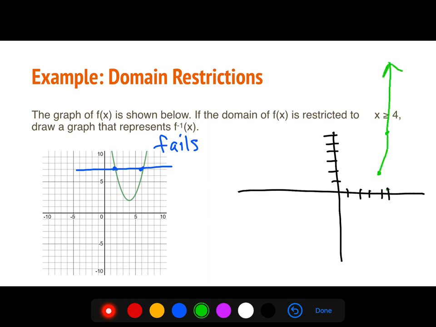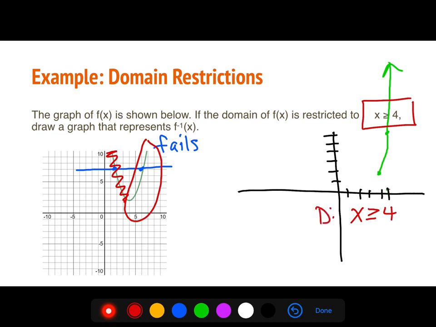So I'm going to draw (6, 6), and I'm only going to keep the right side of the graph. So what I just did is erase all of that and keep the right side of the graph starting at 4. I restricted the domain to where x is greater than or equal to 4. I kept half.